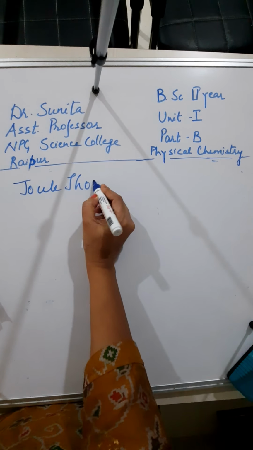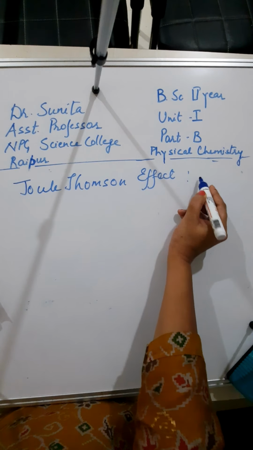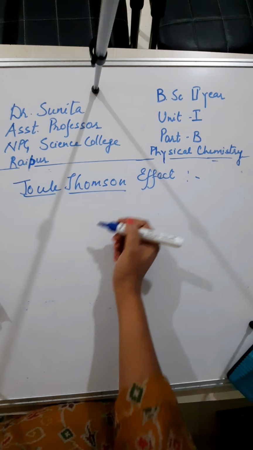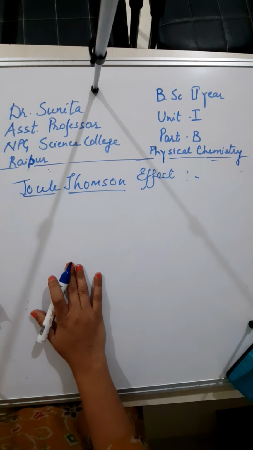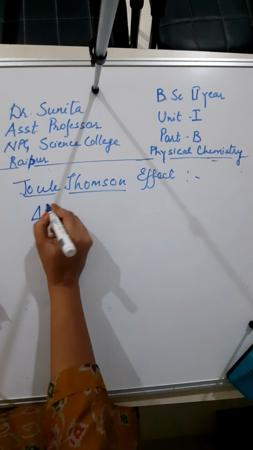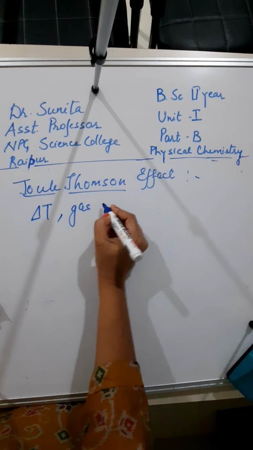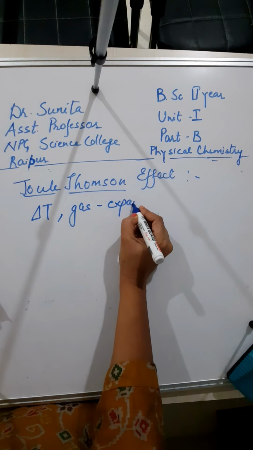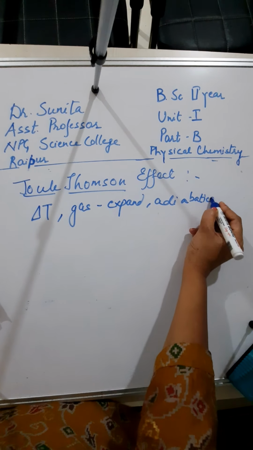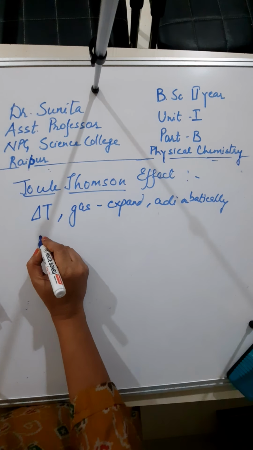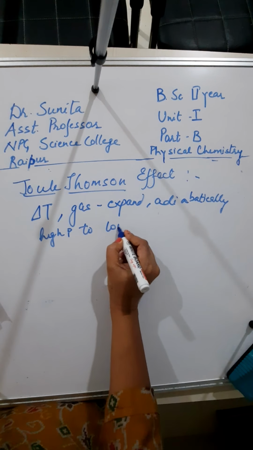Joule-Thomson effect is an effect named after its discoverers, Joule and Thomson. Now, what is the Joule-Thomson effect? The phenomenon of change in temperature produced when a gas is made to expand adiabatically from a region of high pressure to a region of low pressure.